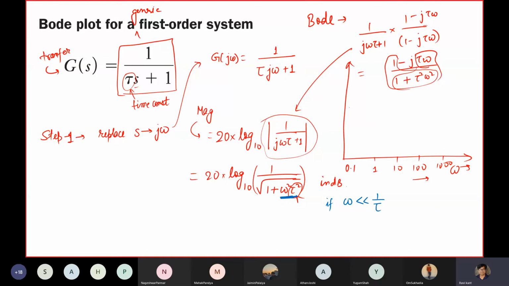Tau could be any number: 1, 2, 4, 0.5, 100, 1000, anything. I am going to vary omega, but let's start by taking omega as a very small number, in this region, less than 1 probably. So if we take very small omega, what could it be?